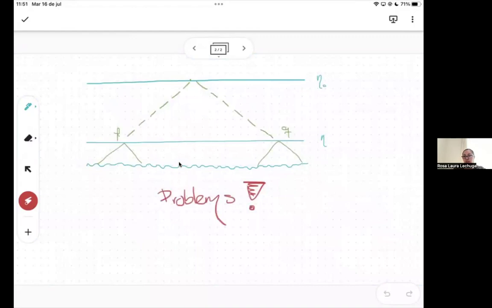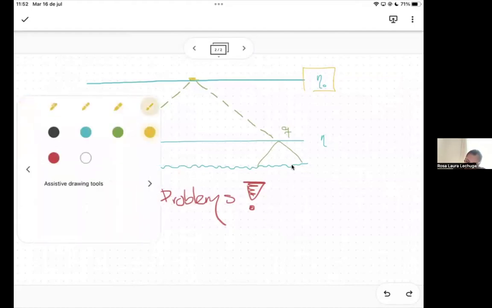So you can think of this situation in which one observer here, with this eta sub-zero that represents the conformal time of today, tries to see into the past, tries to observe different regions.